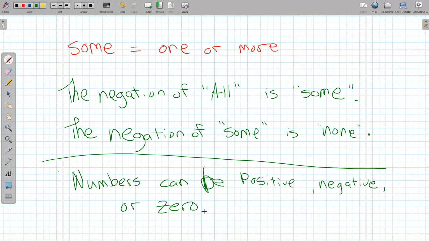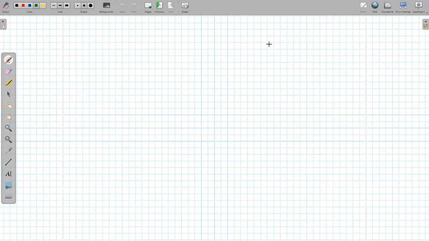All right, so those are some basic ideas about logic. The next biggest part of logic I want to get to is the idea of an implication. And then we'll play around with Venn diagrams in logic. Implication is also known as an if-then statement.